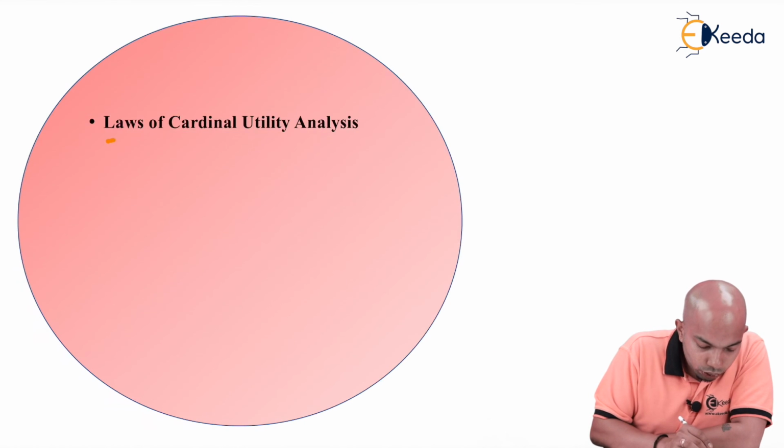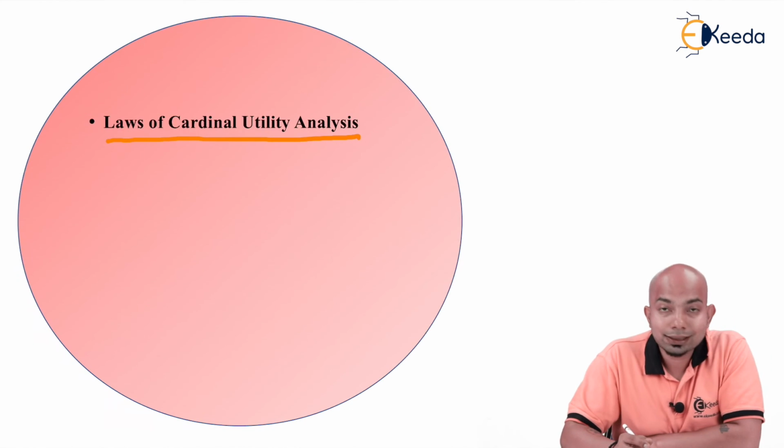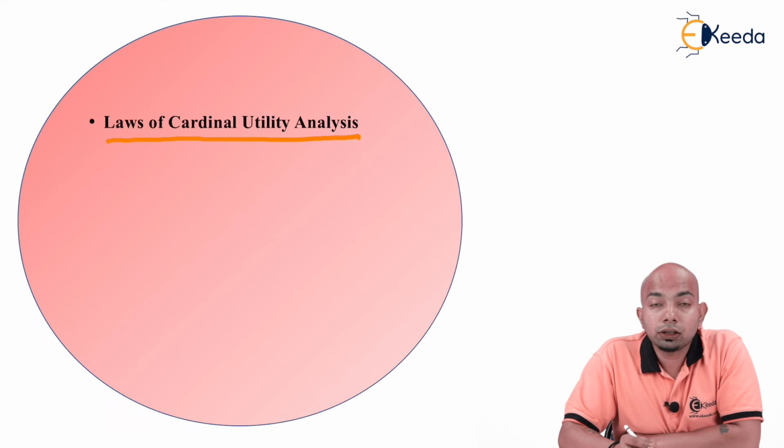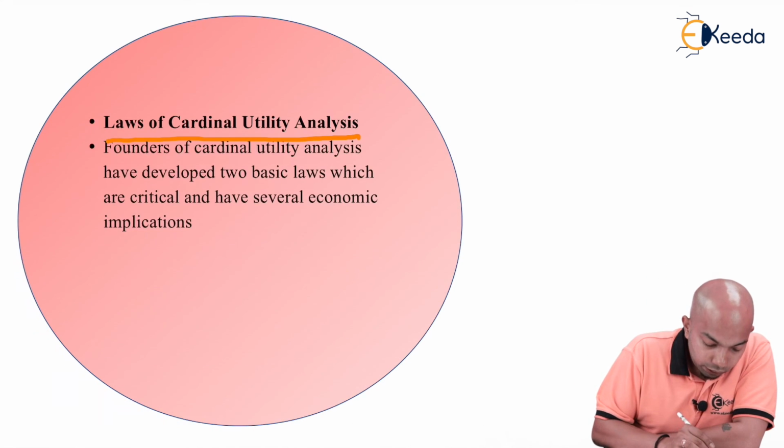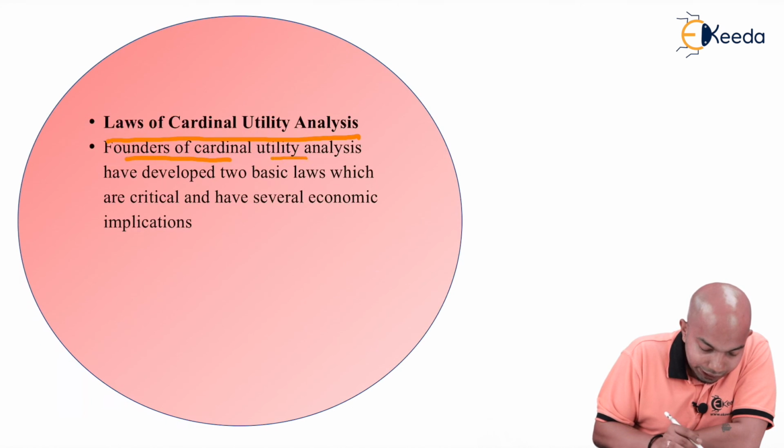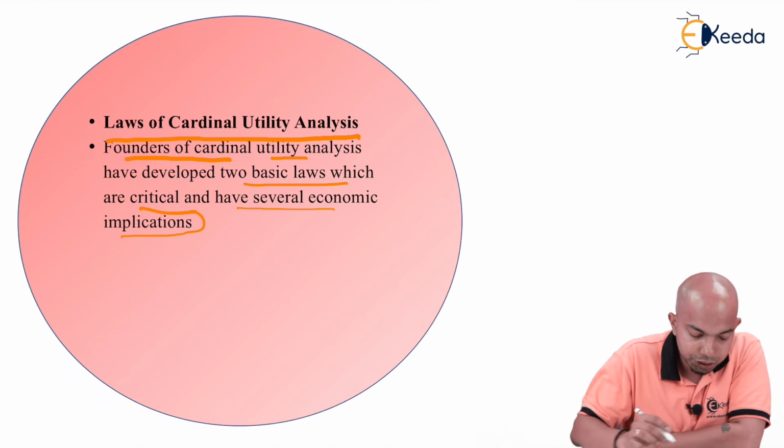Now, laws of cardinal utility analysis. With cardinal utility, you need to figure out what the laws related to it are. Founders of cardinal utility analysis have developed two basic laws which are critical and have several economic implications.